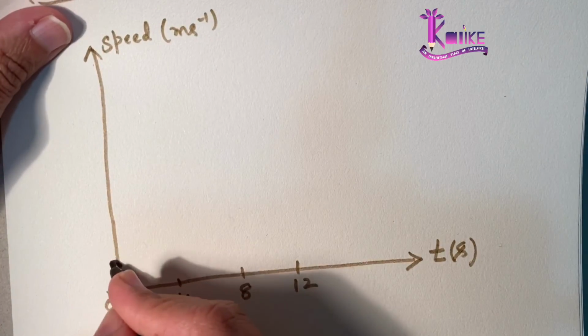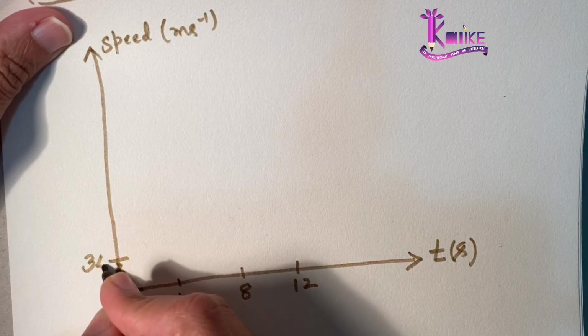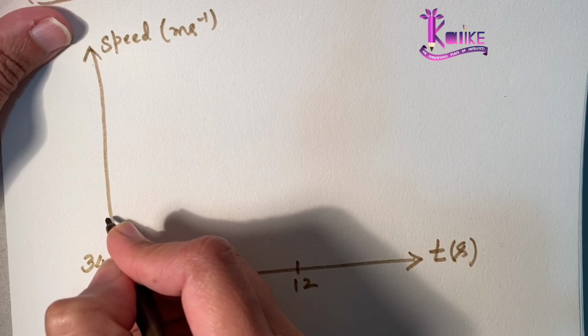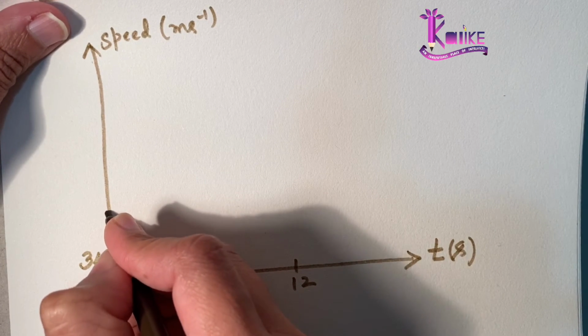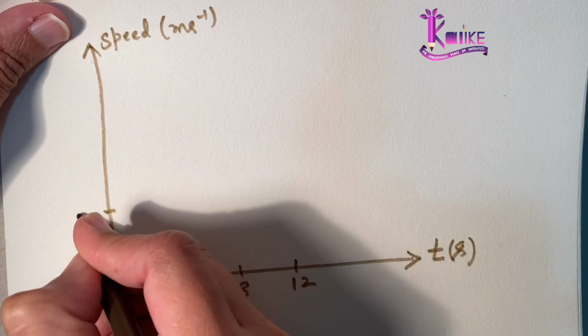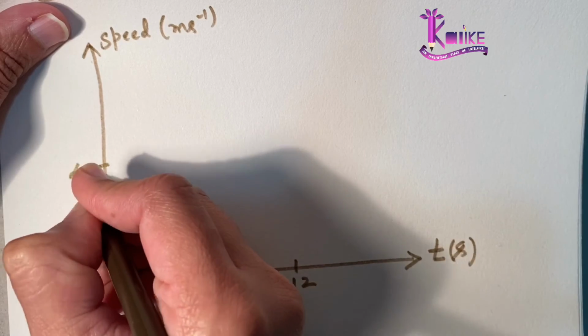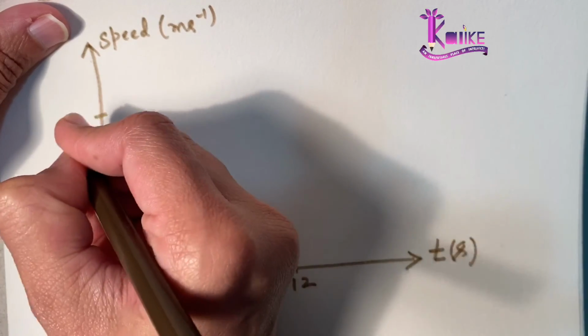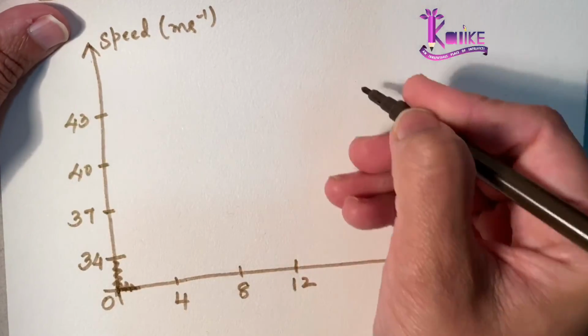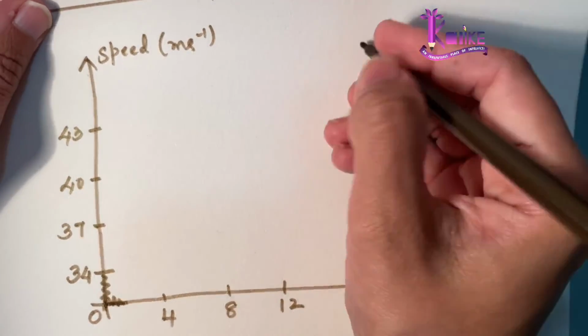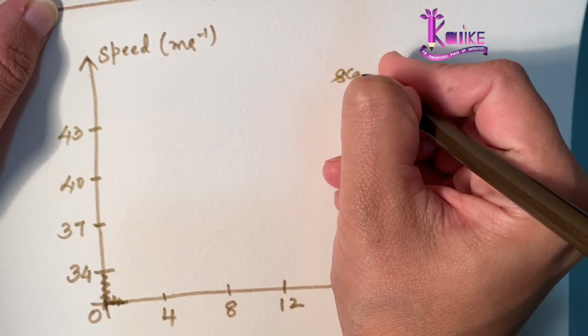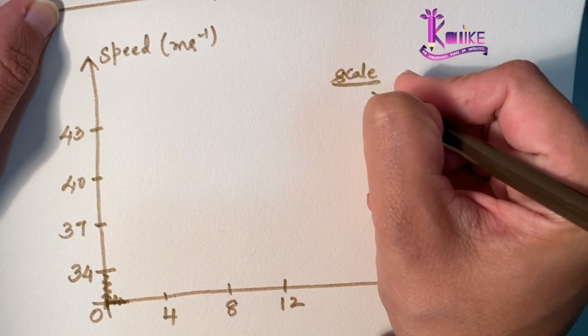See here, I'll skip and I'll just start it from 34, maybe 37, 40, 43. So you can write your scale. What is the scale that I took?